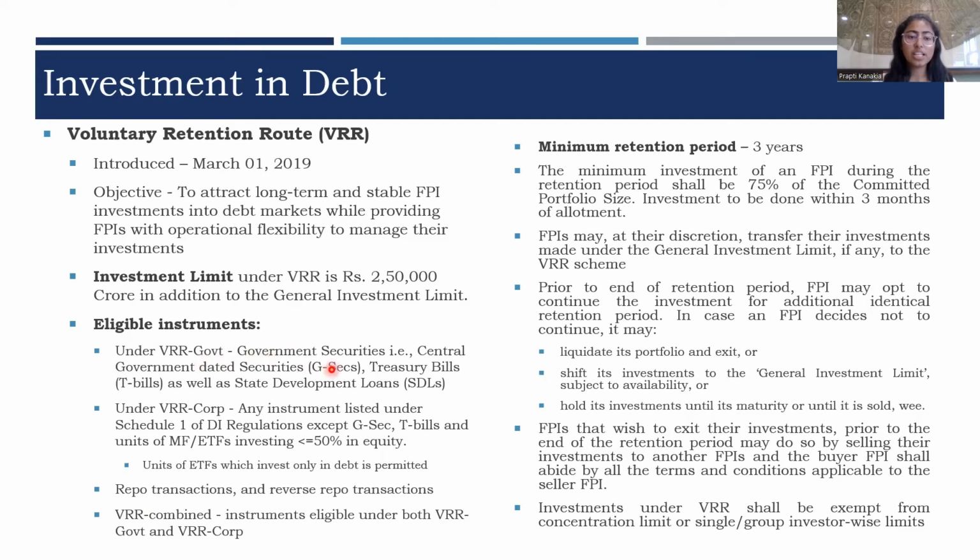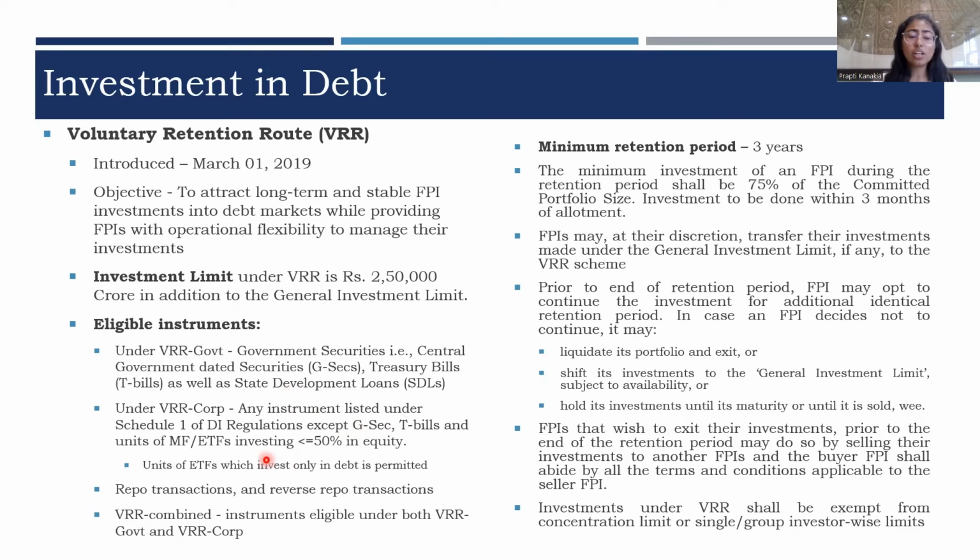VRR government includes government-related securities like government-dated securities, treasury bills, and state development loans. VRR Corp includes instruments which are listed under Schedule 1 of the Debt Instrument Regulations, the one we saw above in the previous slides. But it does not include government-related securities, as the same is covered under VRR government.